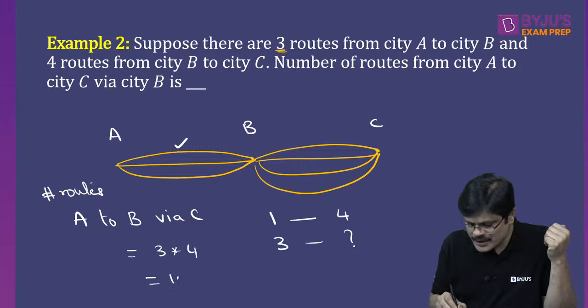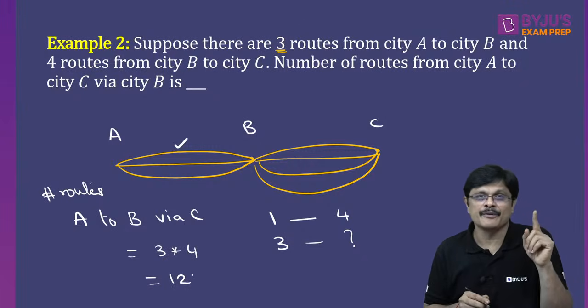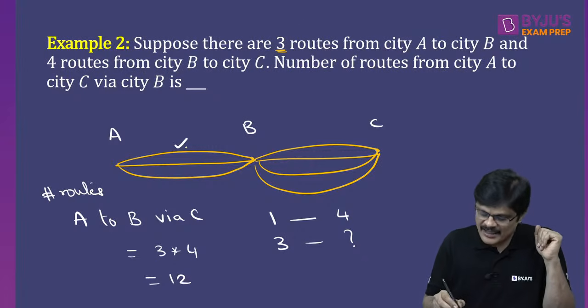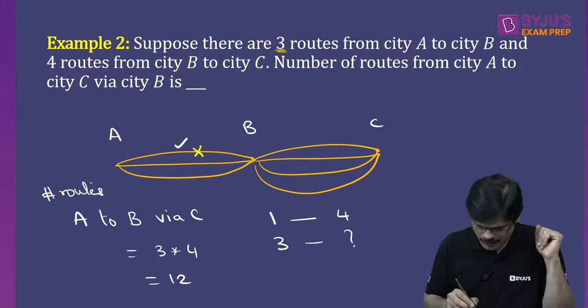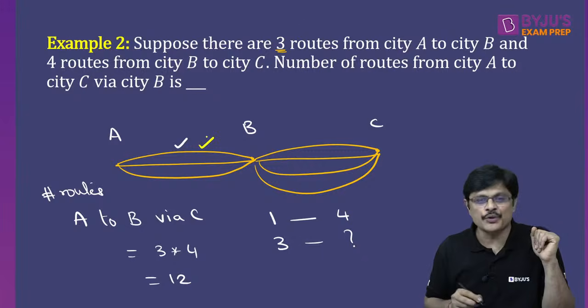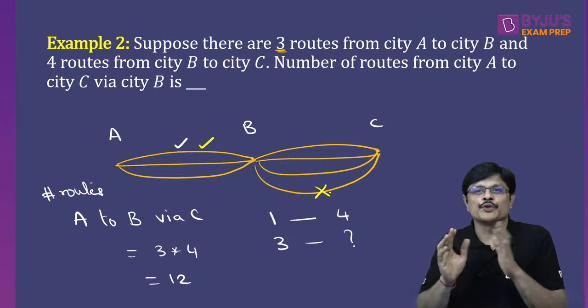Now again here we need to understand this carefully. Suppose I put a condition that if you take the first route, you are not allowed to take the 4th route.